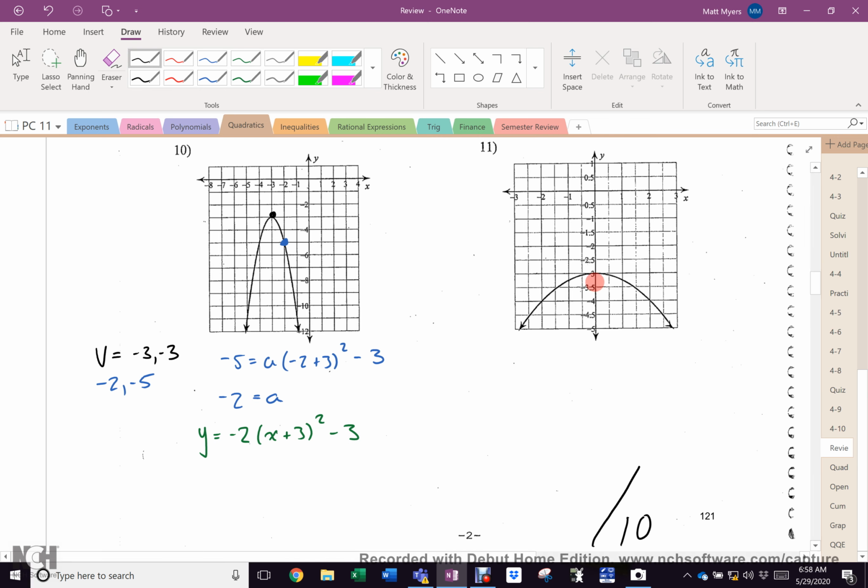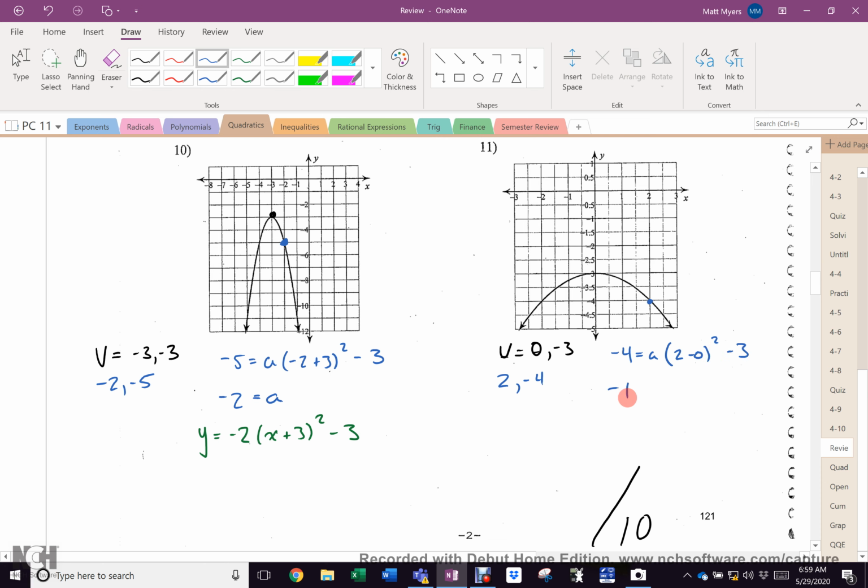And over here, here's our vertex, vertex equals negative 3. Sorry, I lie. 0, negative 3. My x and a y point, why don't I choose that one? Looks good. At 2, negative 4. Then I just fill it in as always. Negative 4 equals a(2 minus 0) squared minus 3.